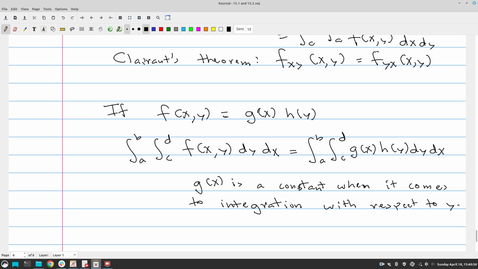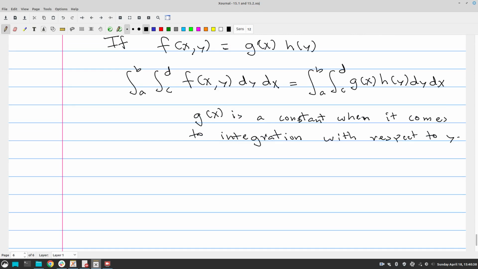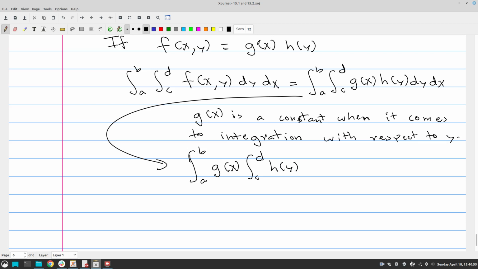Since that is the case, we can write this integral as the integral from a to b of g of x times the integral from c to d of h of y dy, dx.